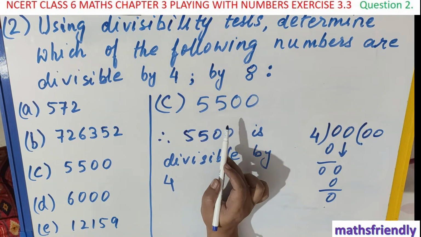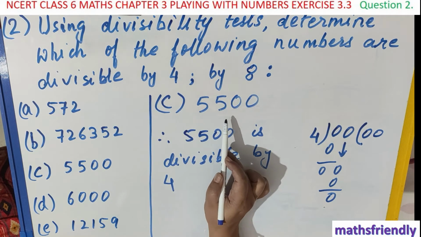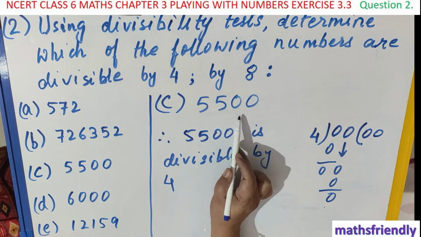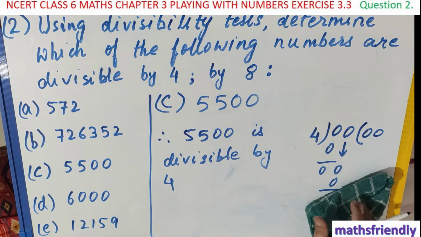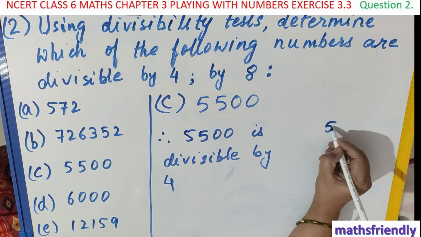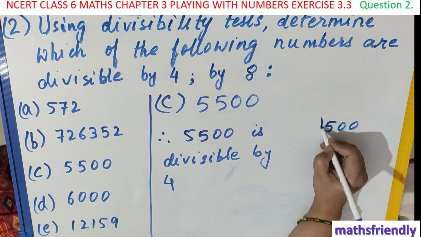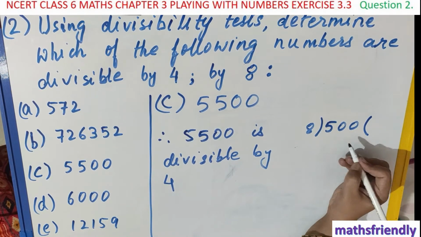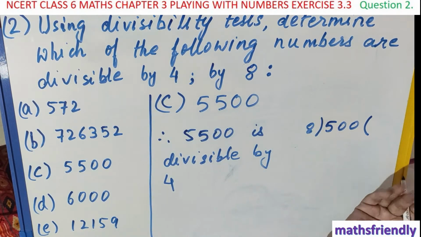Now let us check whether this number is divisible by 8 or not. For that we have to check whether the last three digits are divisible by 8 or not. The last three digits are 500. If these last three digits are divisible by 8, it means the whole number is divisible by 8.